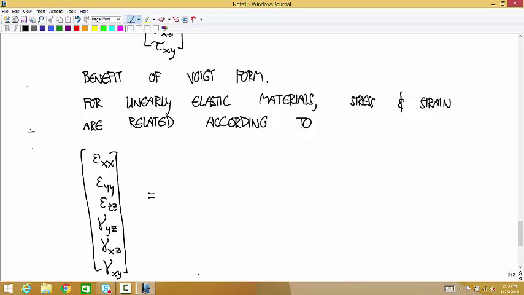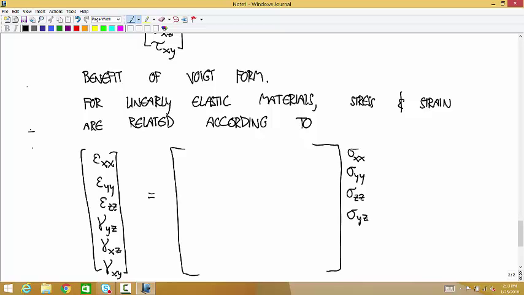are equal to a matrix times the stresses in Voigt form. So sigma XX, sigma YY, sigma ZZ, sigma YZ, sigma XZ, sigma XY.